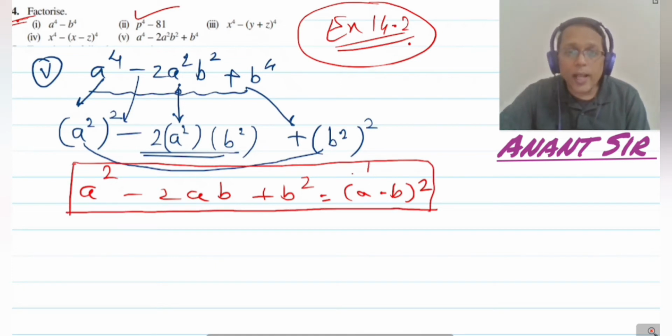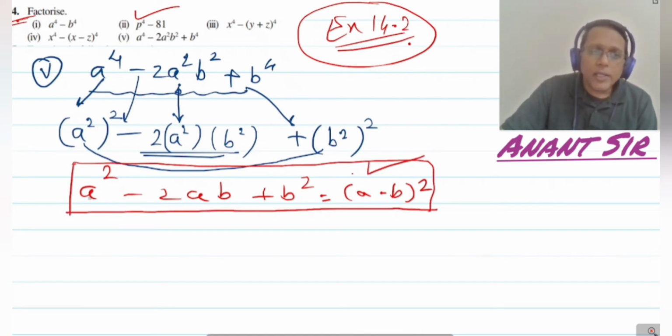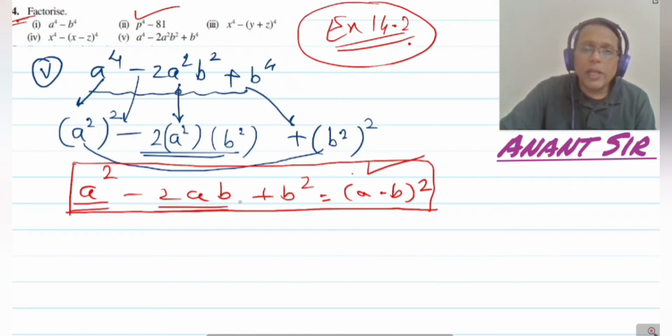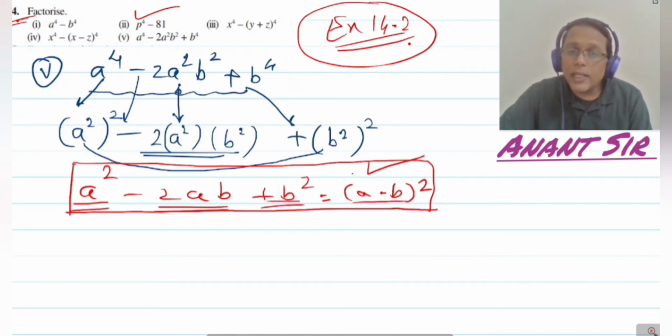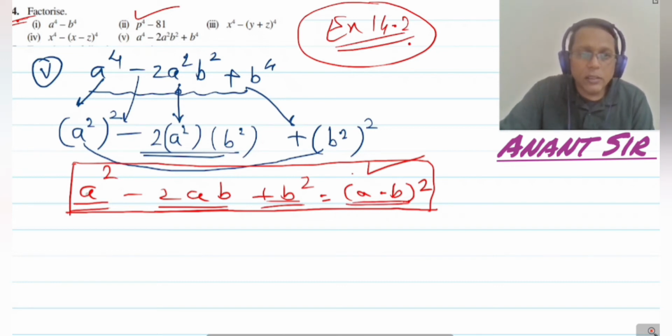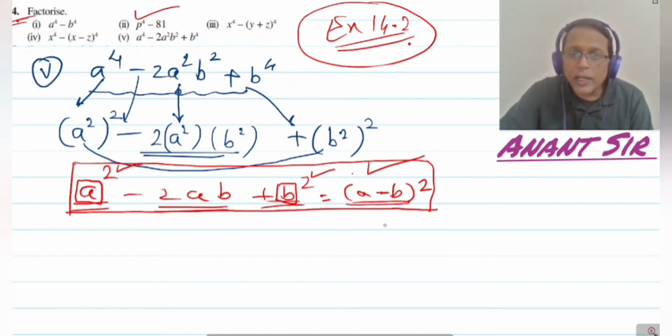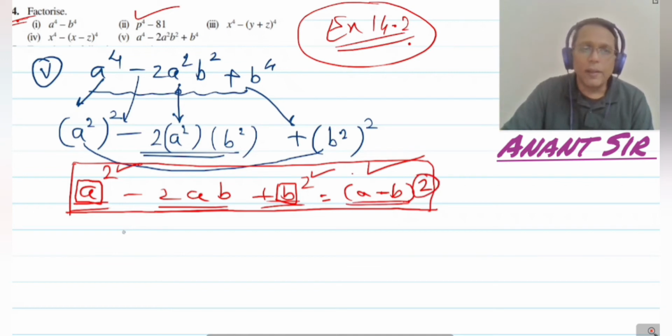So how to write the answer, friends? Now see, a square minus 2ab plus b square, the answer is a minus b whole square. While writing the answer, we write the first term whose square is there and the last term whose square is there, give the negative sign in between them, and write their whole square.